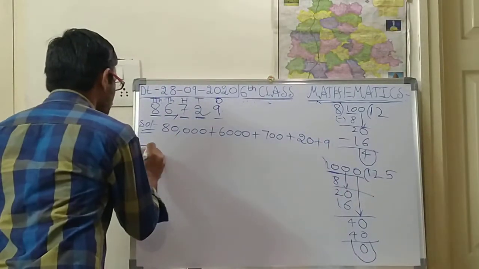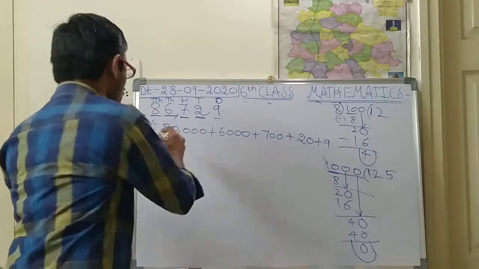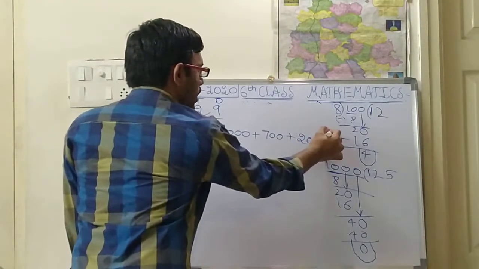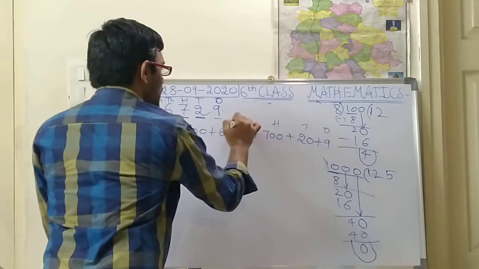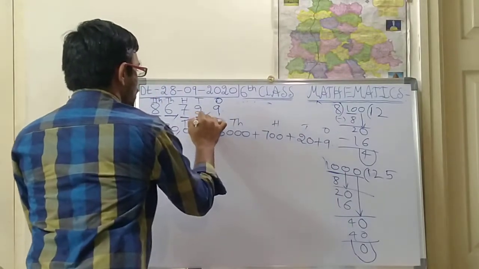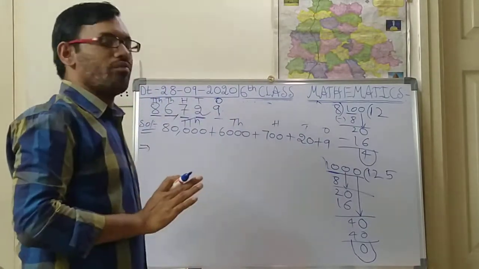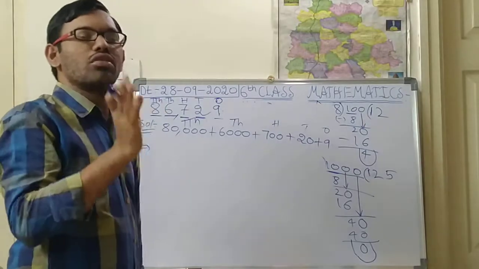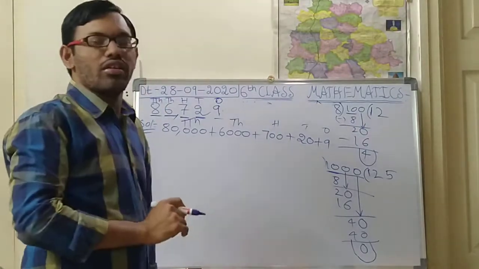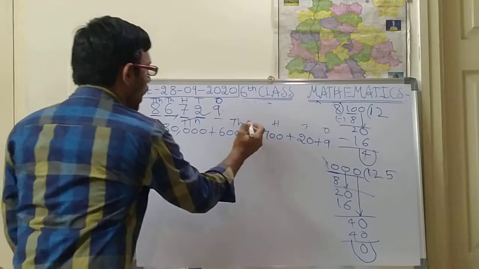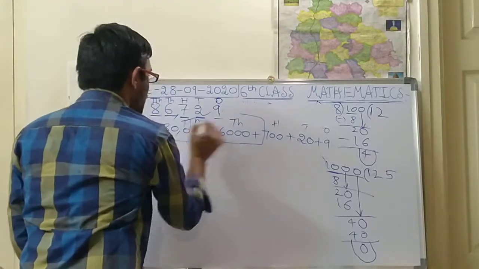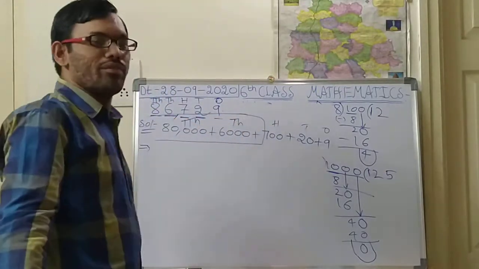After expansion, what do you have to identify? See children, this is ones, this is tens, hundreds, thousands, 10,000s. Okay. So by the rule of divisibility of 8, what did we understand? Up to thousands, every number will be divisible by 8.